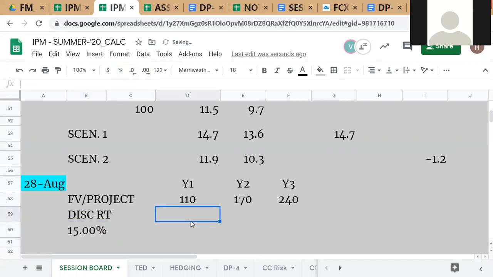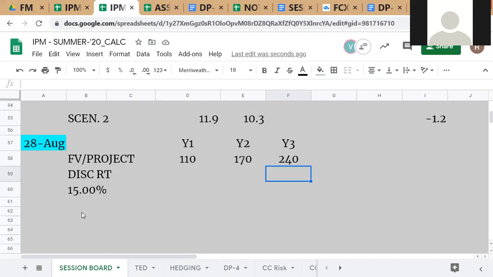Here you put 1 plus 0.15, so this you divide by 1.15, this you divide by 1.15 to the power 2, then this you divide by 1.15 to the power 3. And then you get the three PV figures, you add them up, and you get the fair value of the project. Okay, is everyone following so far? I'm not going through those steps to save time, but this is what you do.